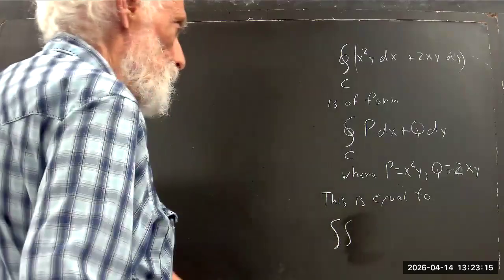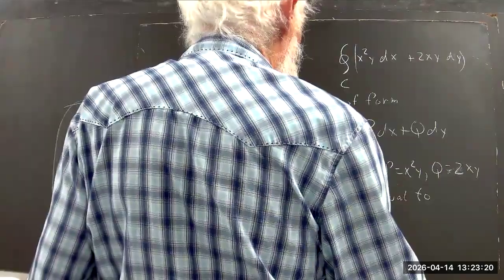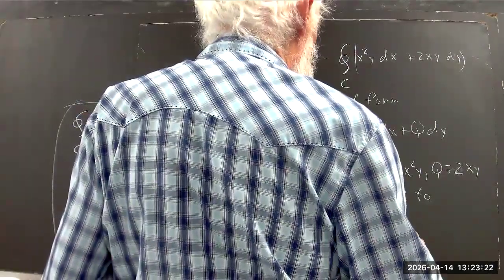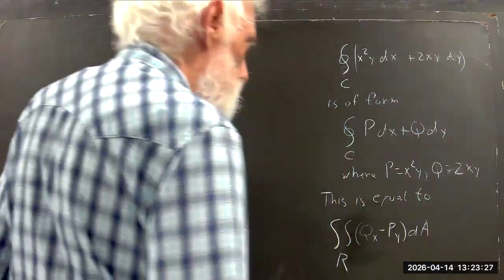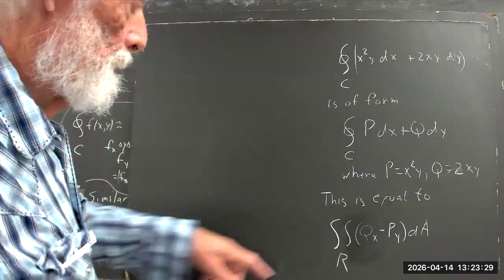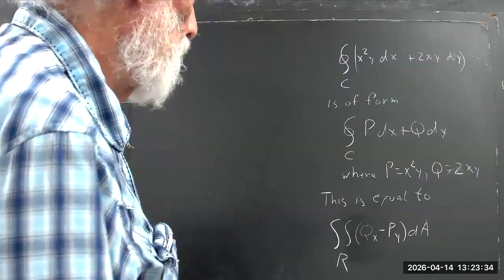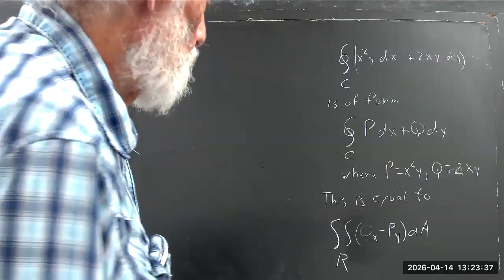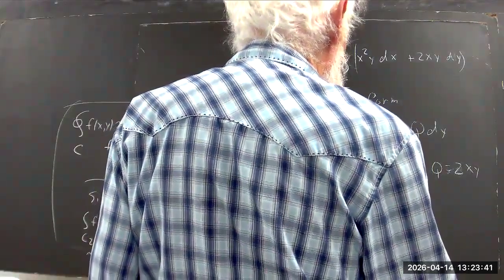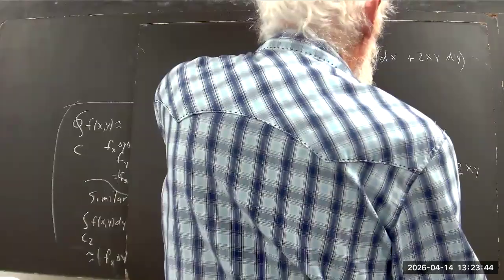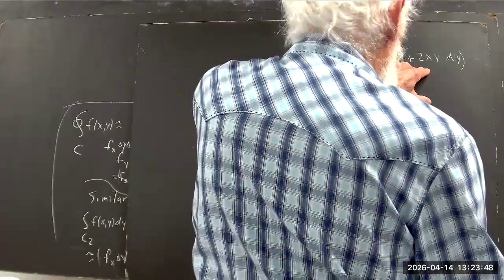I'll give you a couple of examples. The integral of qx minus py with respect to area. And what's qx? Well, qx is 2xy and py is 2x.